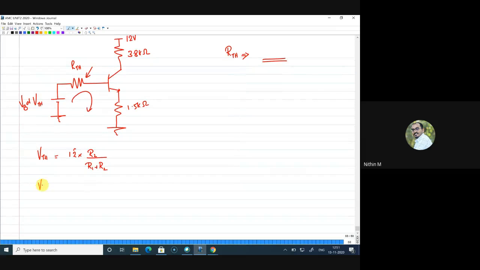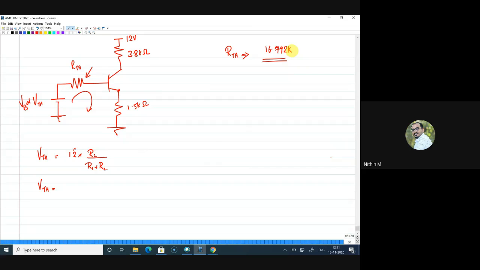But now I can find my VTH value. Okay, let me know what the RTH value is now. Yes, RTH you are getting is close to 16.792K. Yes, RTH is 16.792K.